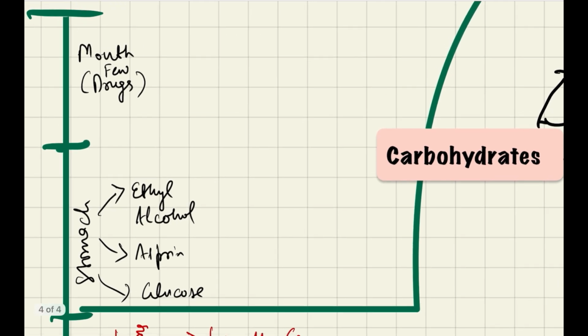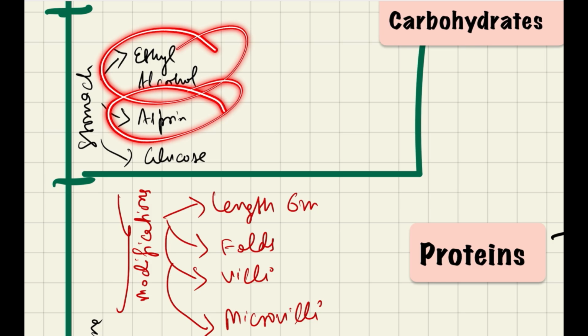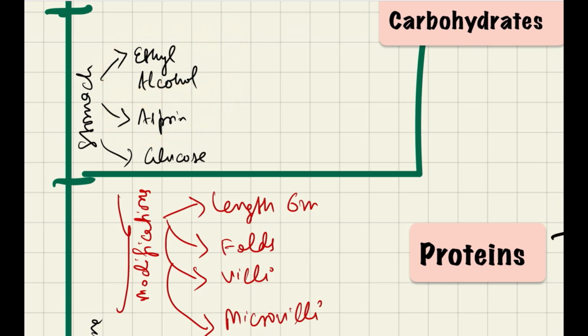In the mouth, a few drugs get absorbed. In the stomach, there are various things like ethyl alcohol, aspirin, which is a kind of drug, then glucose up to a certain level gets absorbed.